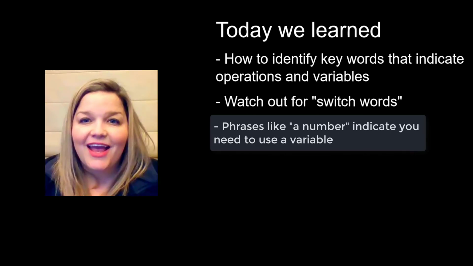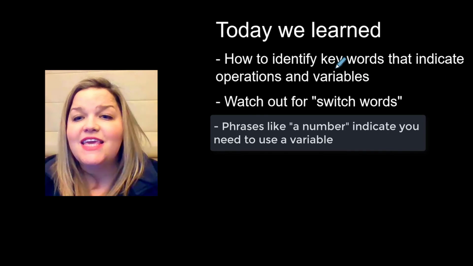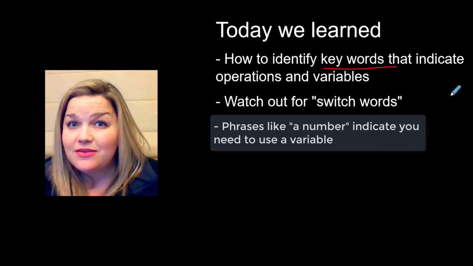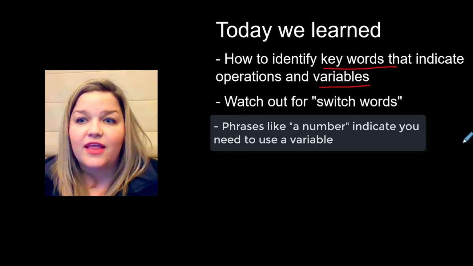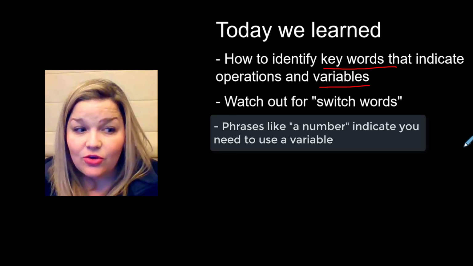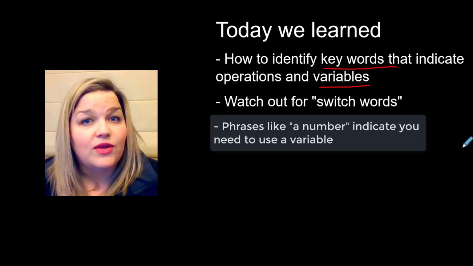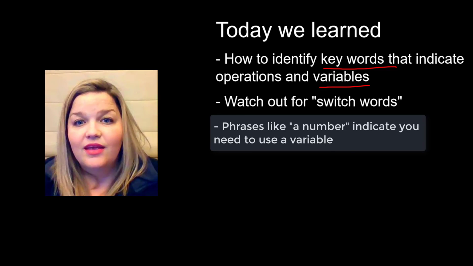Great job. Okay, what did we learn today? Today we learned how to identify key words that are going to indicate certain operations and or variables. So remember, if you see words like a number or a quantity and they're not telling you what number or what quantity, then you need to substitute in a variable to represent that unknown quantity.